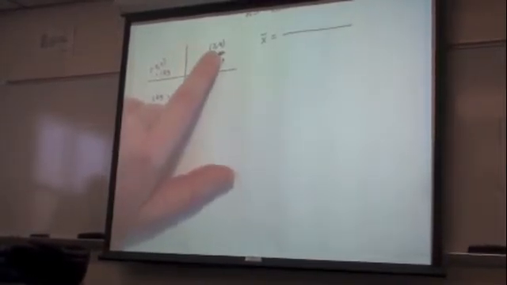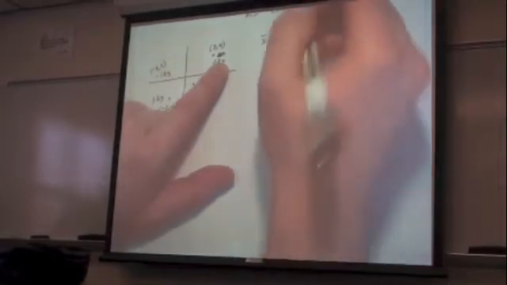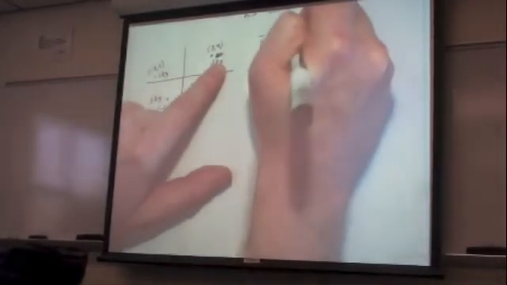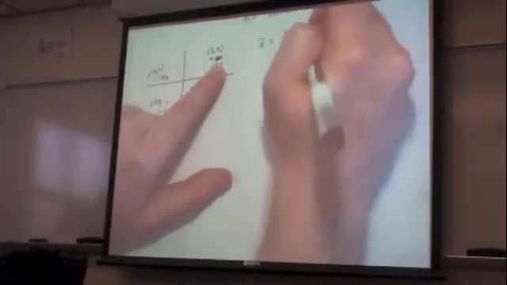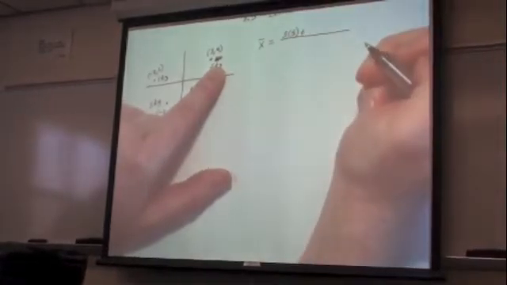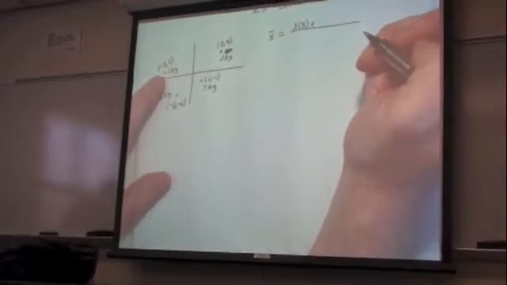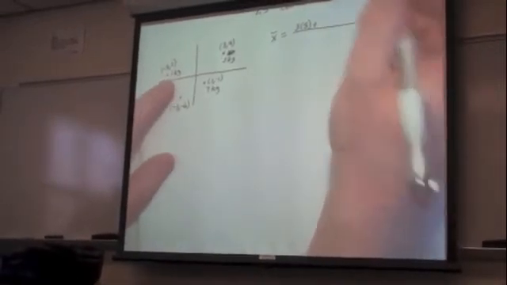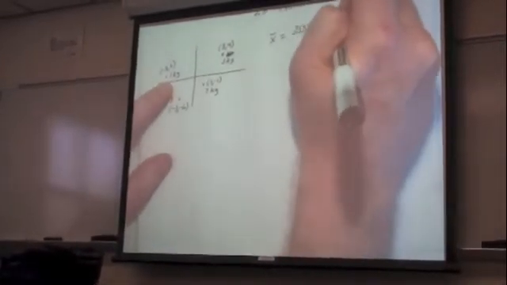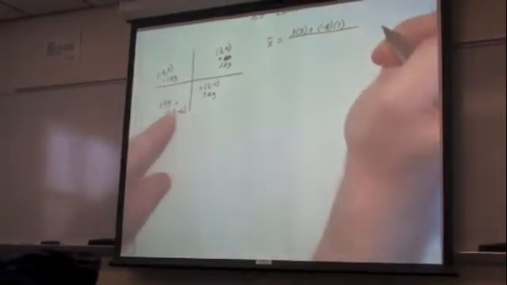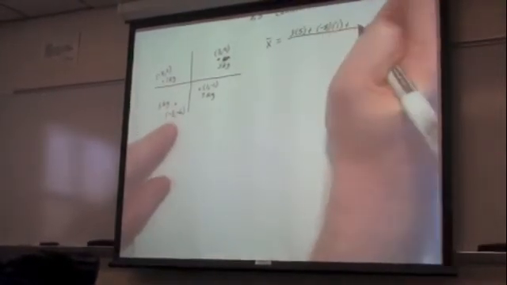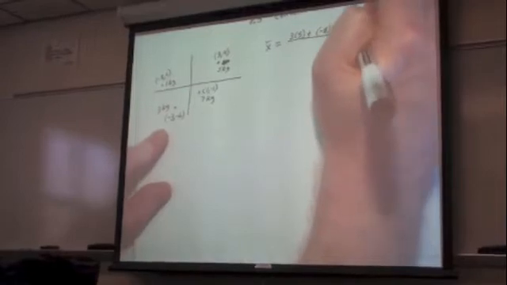For example, this one is a 3 times its mass, 3 times 5. Plus, I'll go in the counterclockwise direction, my next one is going to be plus a negative 8 times 1. Then plus a negative 3 times 3.